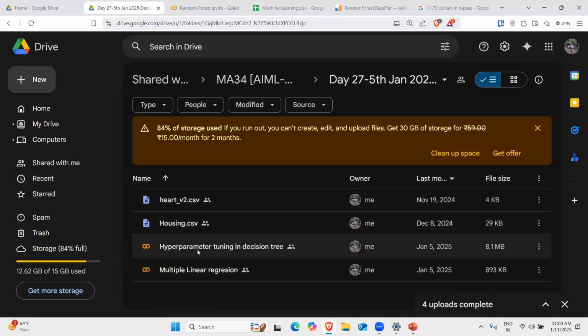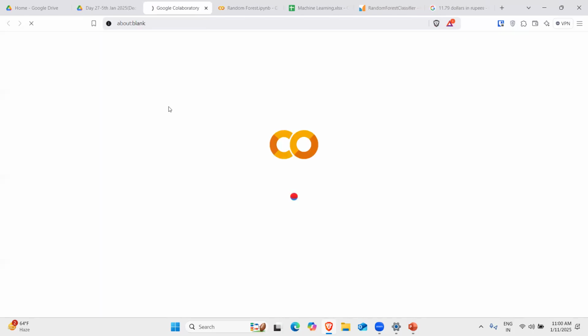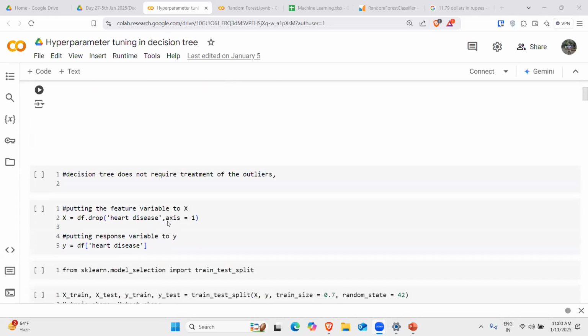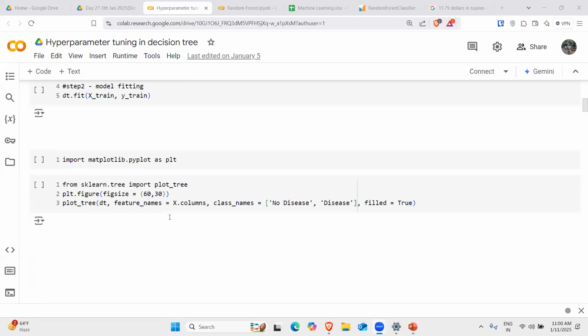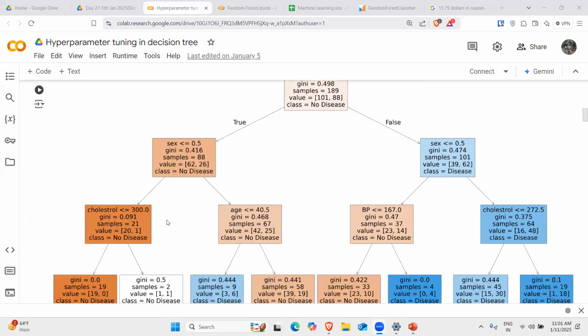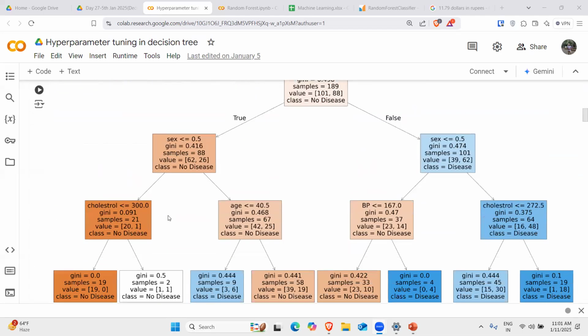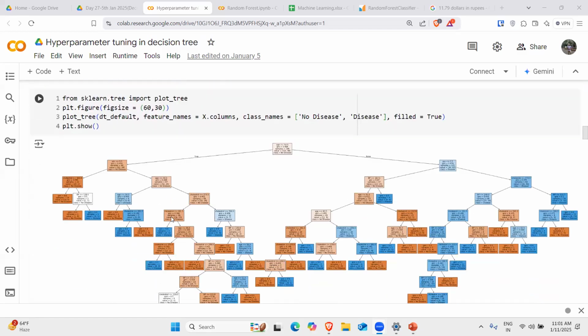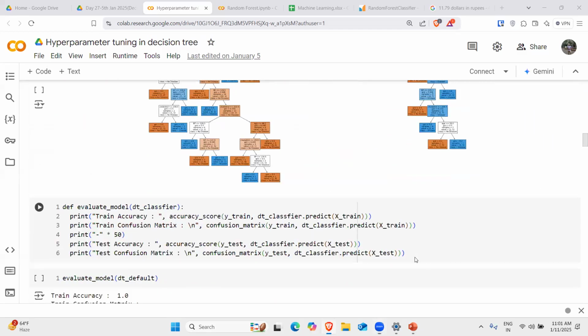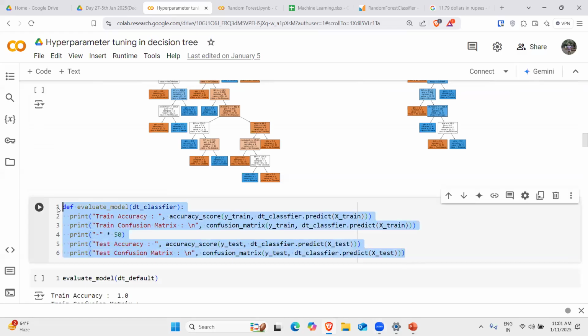If you guys remember, we have created the evaluate model function, right?